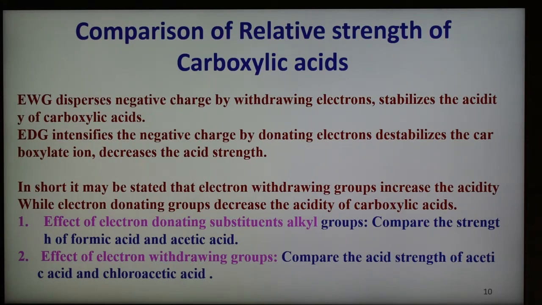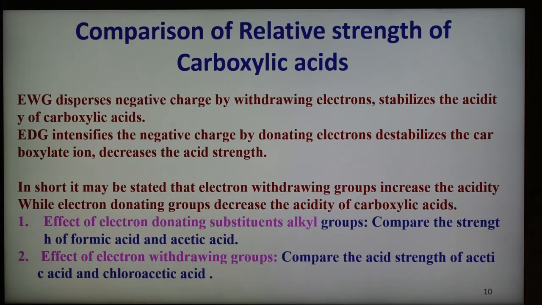The second effect is the effect of electron withdrawing groups, and in this case we can compare the relative acid strength of acetic acid and chloroacetic acid. Here one example is taken: acetic acid, CH3COOH, and chloroacetic acid, ClCH2COOH.